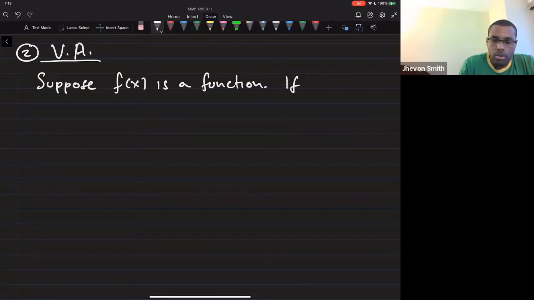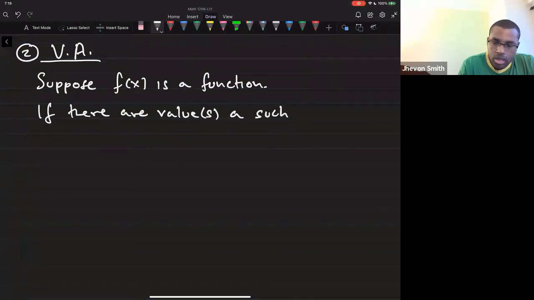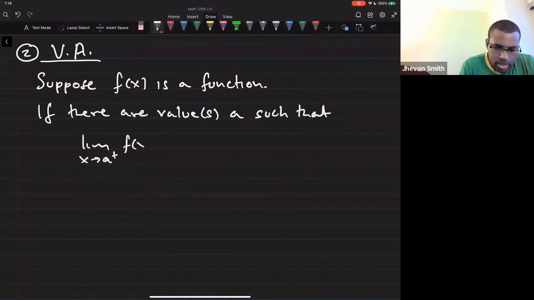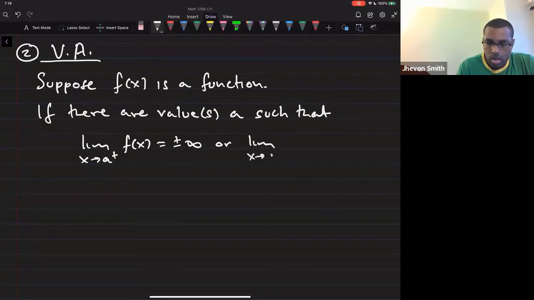If there are values a such that the limit as x approaches a from the right of f of x is infinite, or the limit as x approaches a from the left of f of x is infinite, then x equals a is a vertical asymptote.